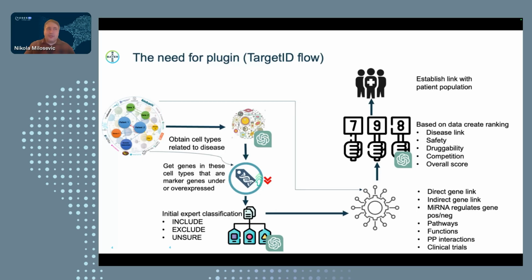Based on clinical trials, you can as well explore how fierce the competition is. So who is running clinical trials on a similar gene, and then there was some sort of average. And then the next step was to try to establish a link with patient population. So there was a lot of querying and then going back to the knowledge graph and to the LLM.